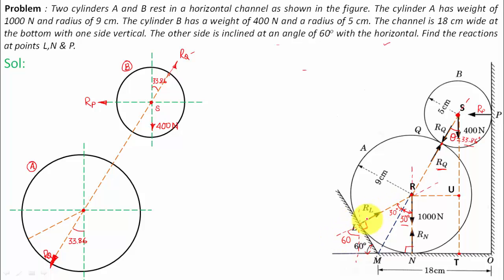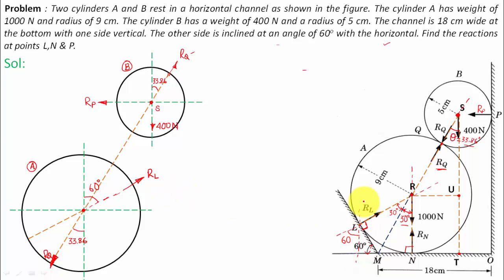Watch this carefully. This reaction RL is making an angle of 60 degrees with this vertical over here. So I'm going to extend this. This is RL, and over here the angle subtended is going to be 60 degrees. That's pretty good.